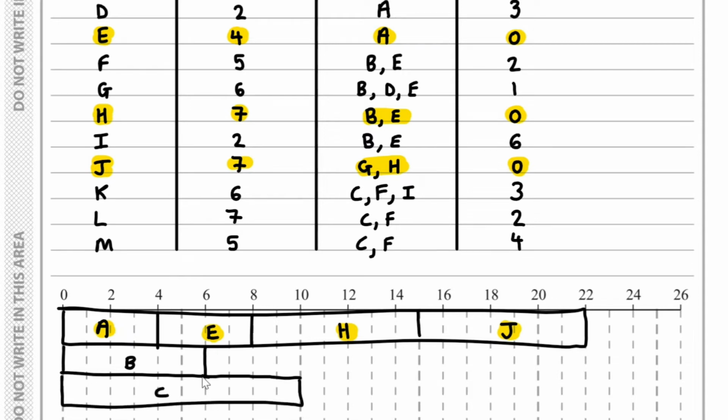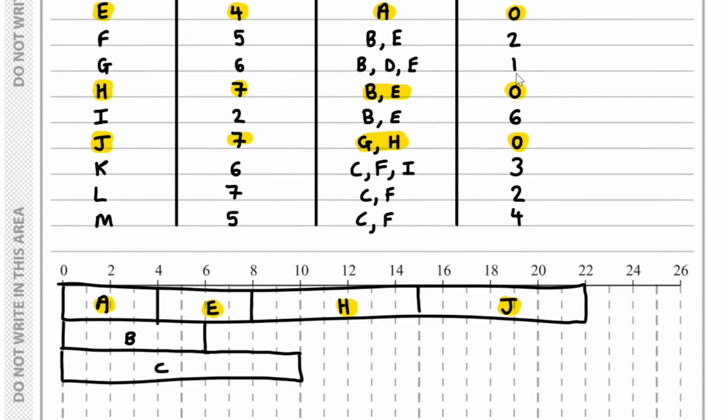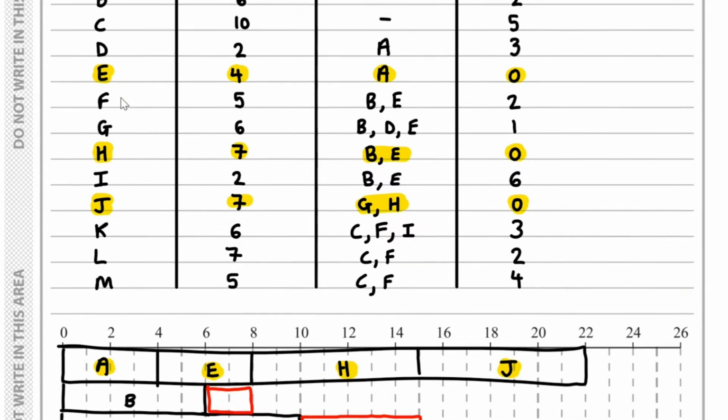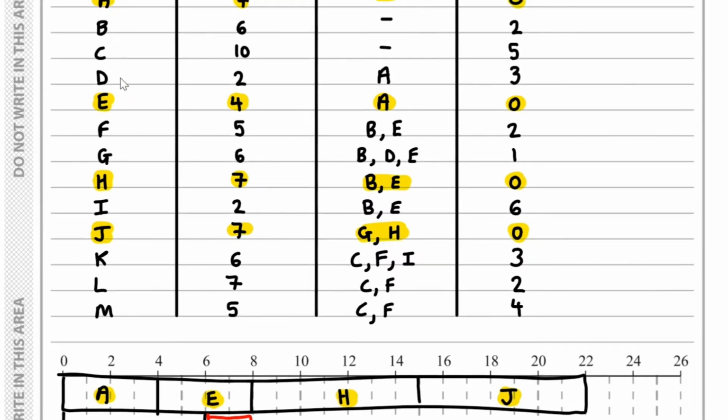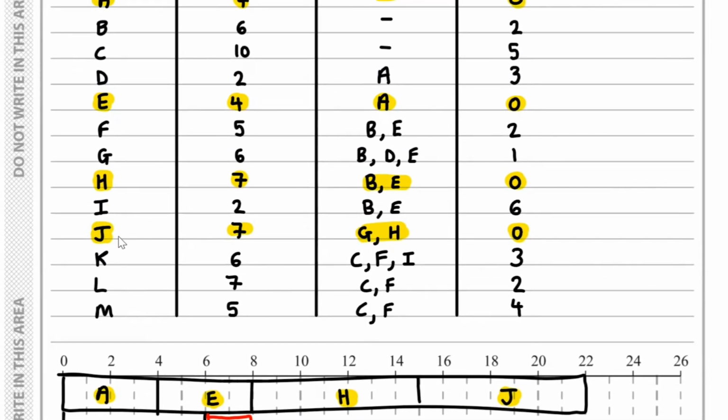If I take a look at the floats of those, we've got 2 and 5 respectively. So here I've got a float of 2, and here I've got a float of 5. So that's A, B, C, E, H, and J completed.